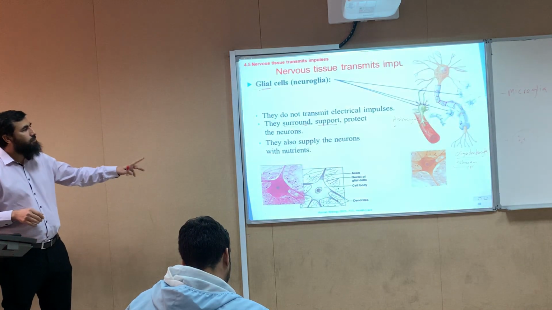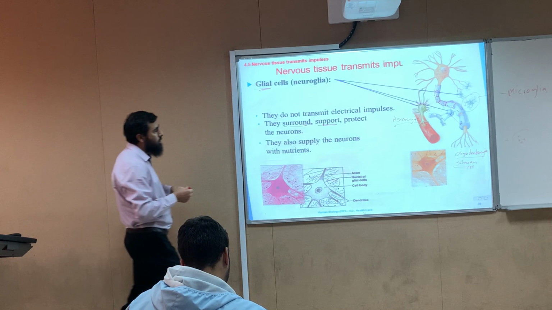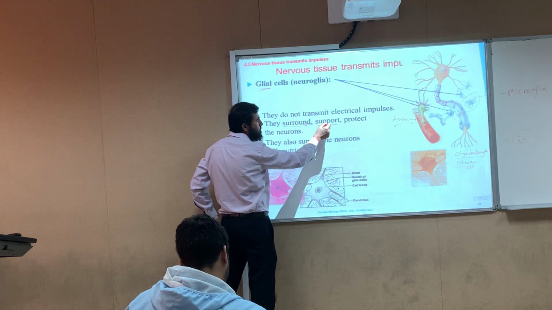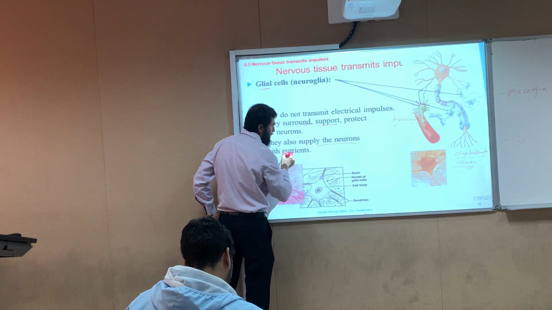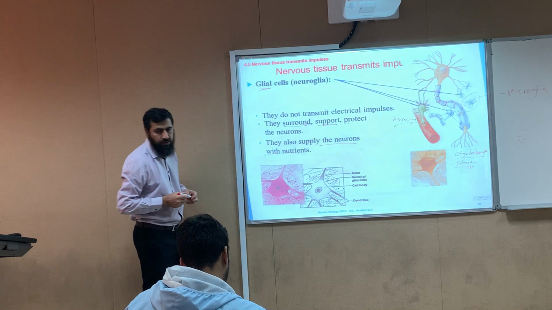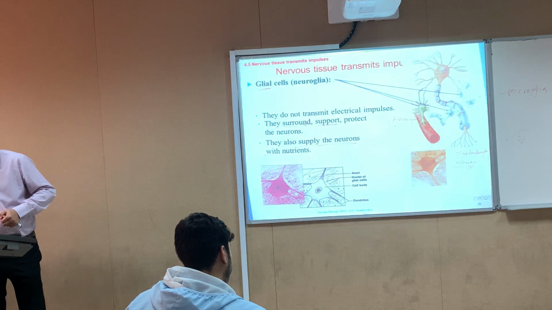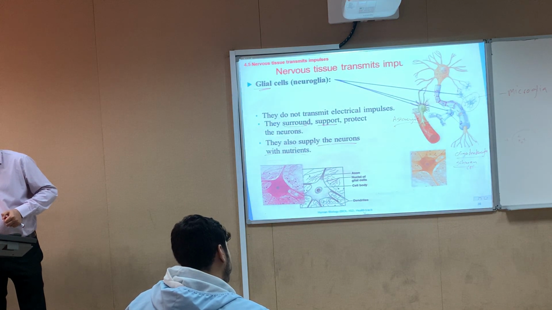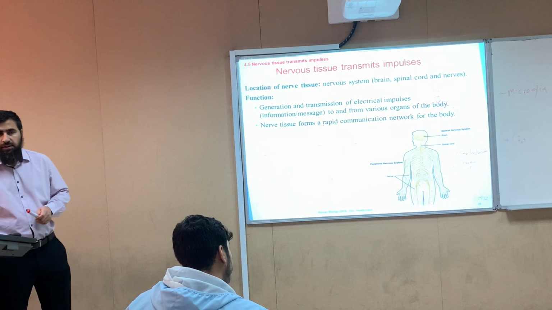So that's the three types of neuroglia that help to surround the cell, support it, and protect it, okay? So it also gives it nutrients. So what's the third type?